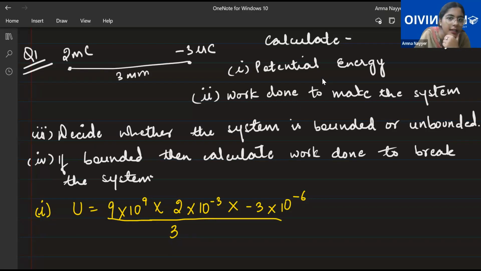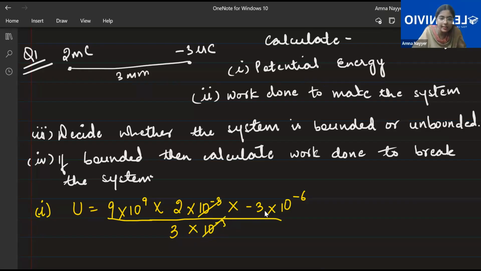Yeah, Marwa, can you just be a little louder? It's 3. Just 3. See the units? Shouldn't we write something else? Milli is 10 to the power minus 3.